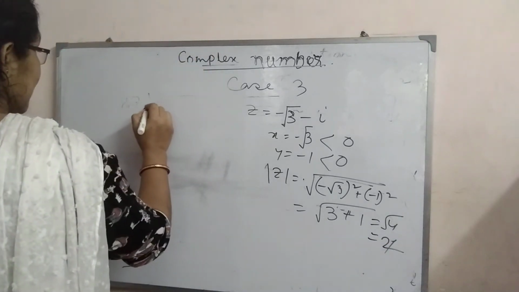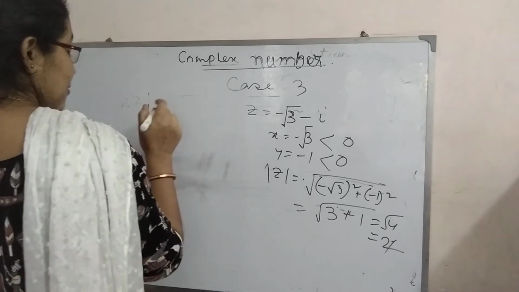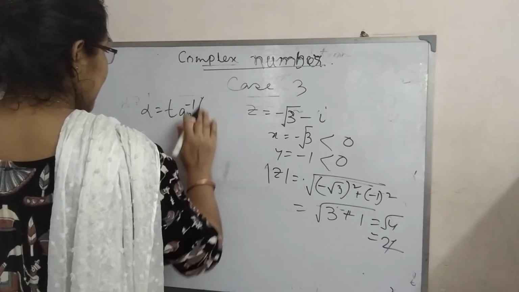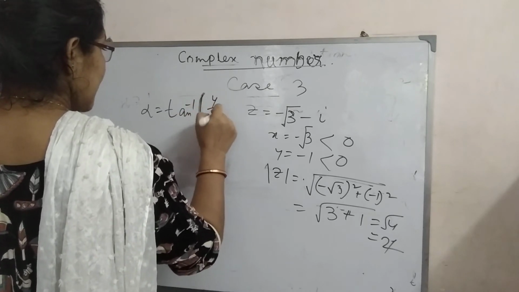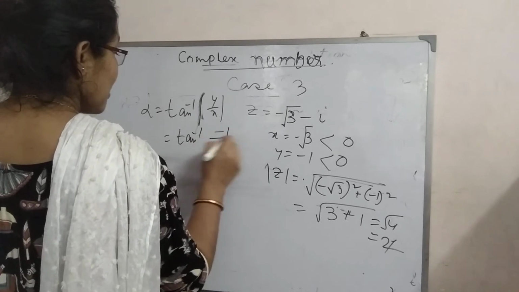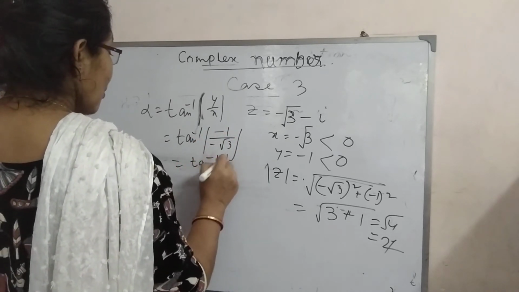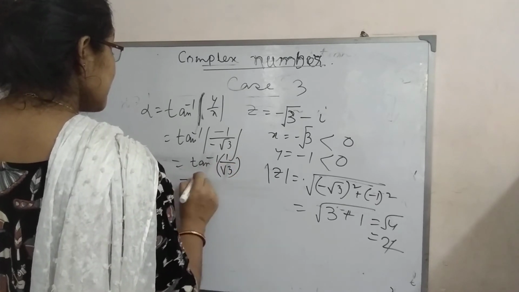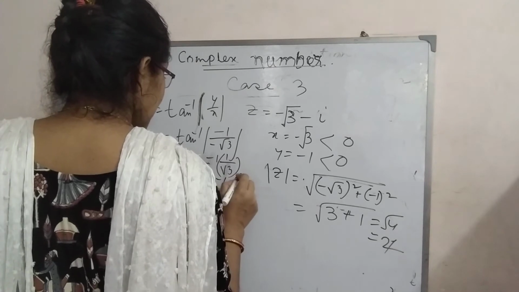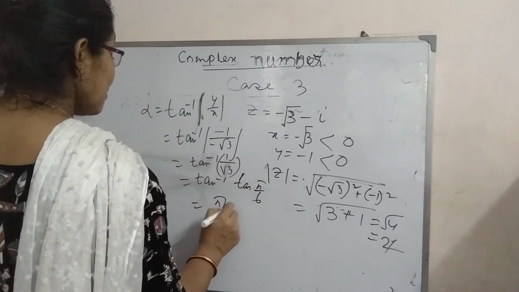And alpha, the acute angle, satisfies the condition tan inverse of mod y by x, that is tan inverse of minus 1 by minus root 3. This is equal to tan inverse 1 by root 3, which is tan inverse tan pi by 6, equal to pi by 6.